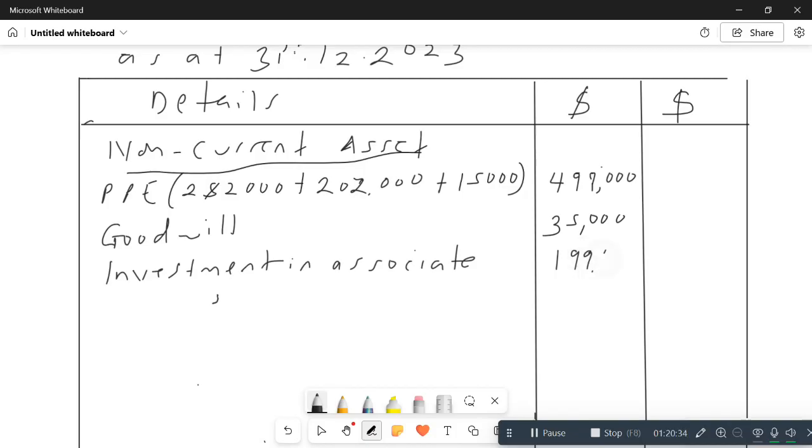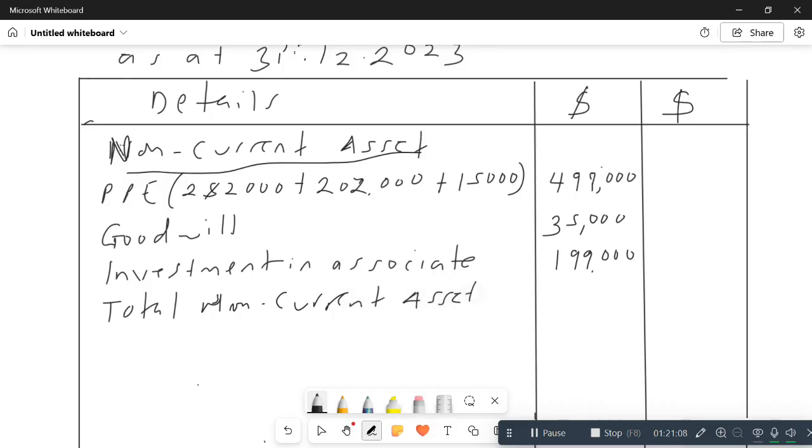So you find under non-current asset, we have added other items like goodwill as calculated under note 4. We calculated investment in associate as our last working. After that, you add to get total non-current asset.